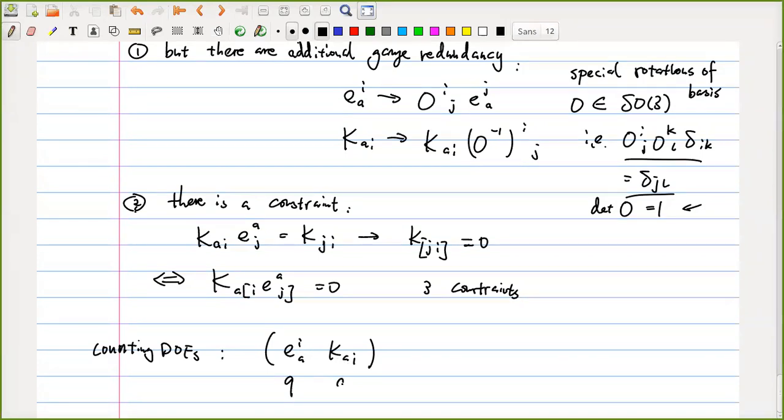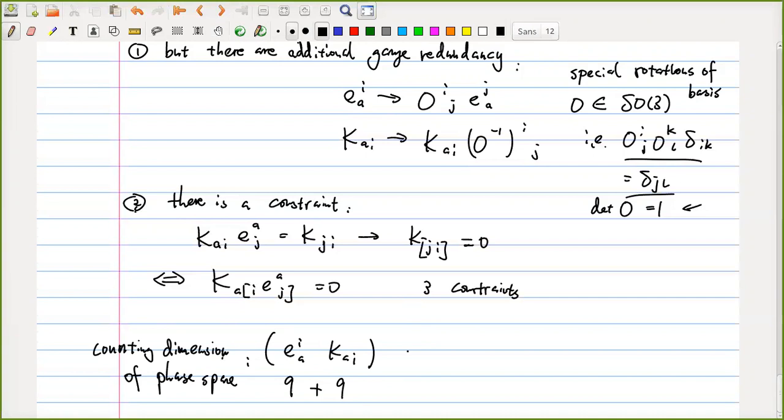It's a 3x3 matrix, so 9 plus 9. Let me say this is not the degrees of freedom. Before, we said the degree of freedom is half of the phase space. So this is counting the dimension of the phase space. It's 9 plus 9, of course, times infinity, at every point.